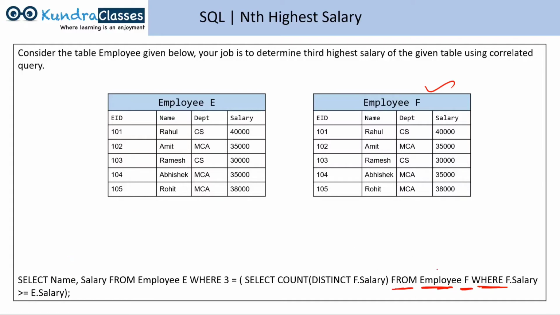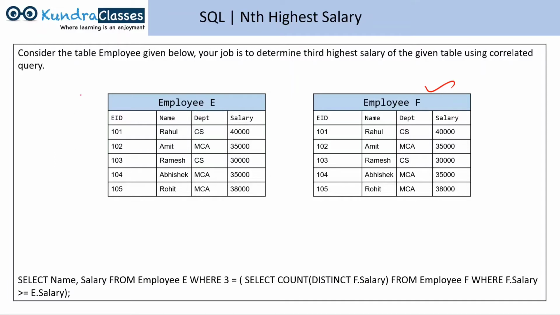Let me tell you one thing very clearly. This query is something like a nested loop. Have you ever seen for i equal to 0, i less than 10, and then comes your inner loop, for j equal to 0, j less than or equal to i. Here the inner loop is depending on the outer loop. In a similar fashion, this correlated query works.